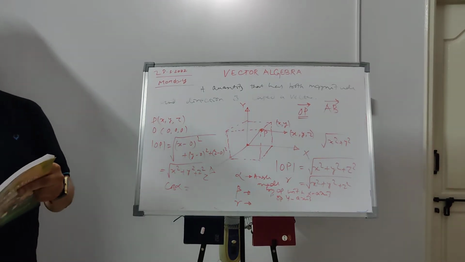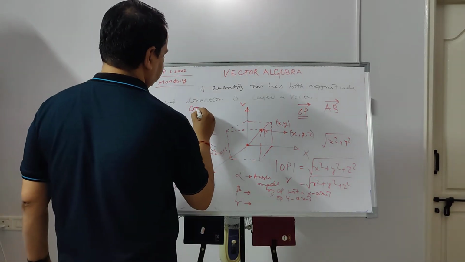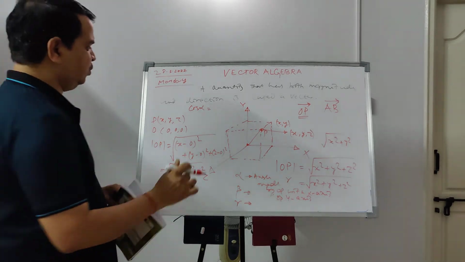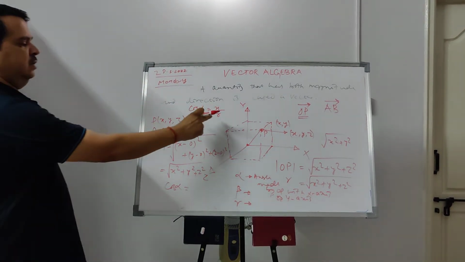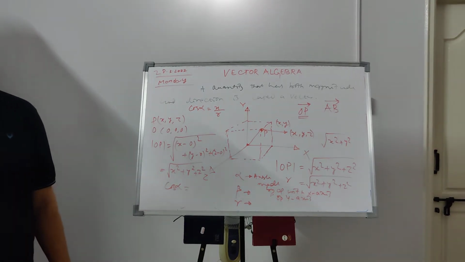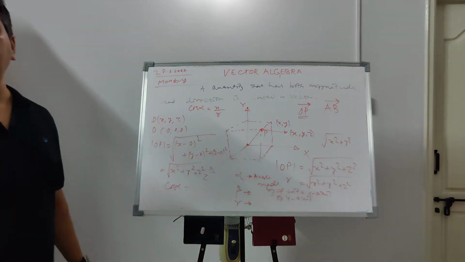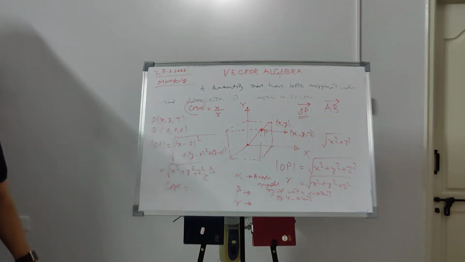The formula for direction cosines is your x coordinate divided by r. This is just an angle, so it is not a vector, just a magnitude. If you know the x coordinate and r, the square root of x square plus y square plus z square, that gives cos alpha.